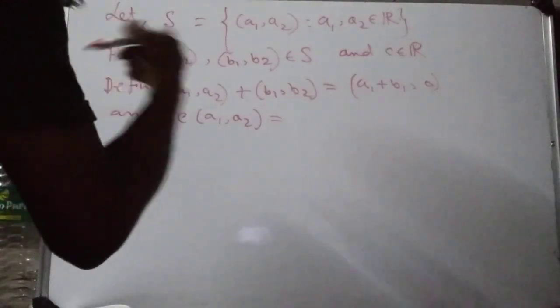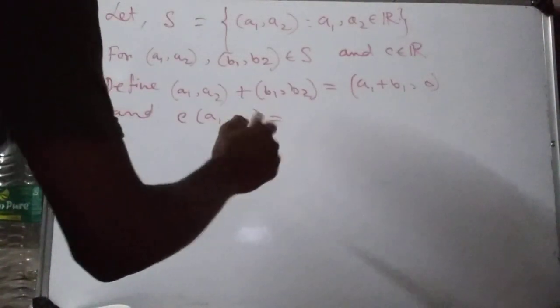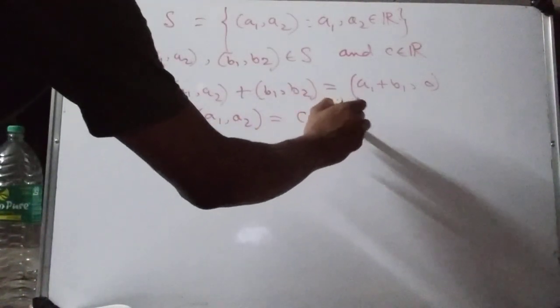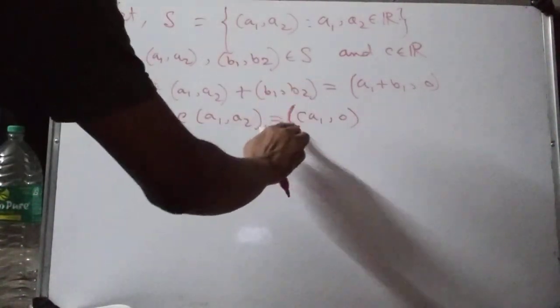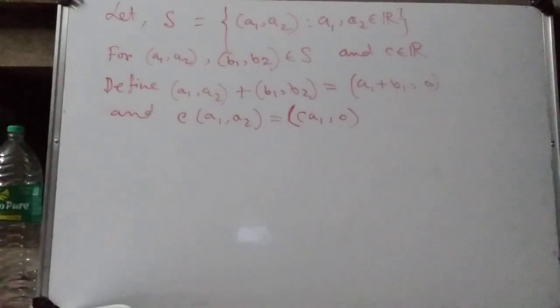And c(a1, a2) equal to (c a1, 0). In this way we define addition and scalar multiplication.